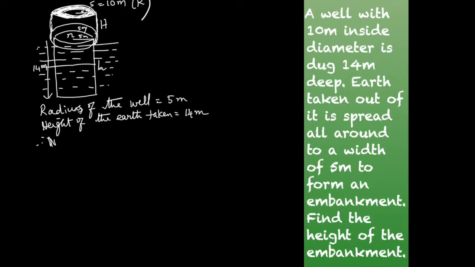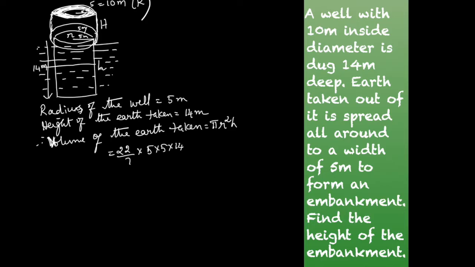Therefore, the volume of the earth taken is like a cylinder, so pi r squared h, with small r as the inner radius. Now substitute 22 by 7 into 5 into 5 into 14 meter cube. You need not do any calculation. Just keep it as it is. Don't think that if you don't do the calculation you will lose marks. Not like that, because you can make your calculation very simple by equating.